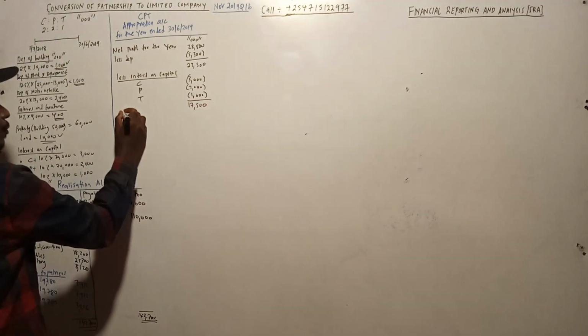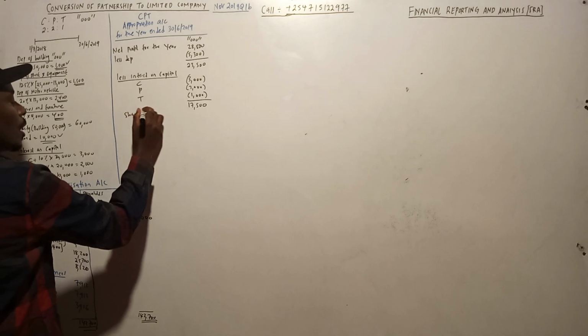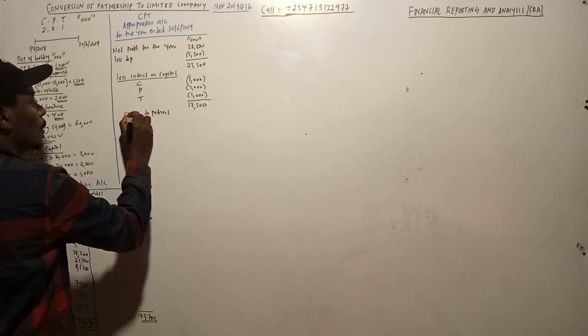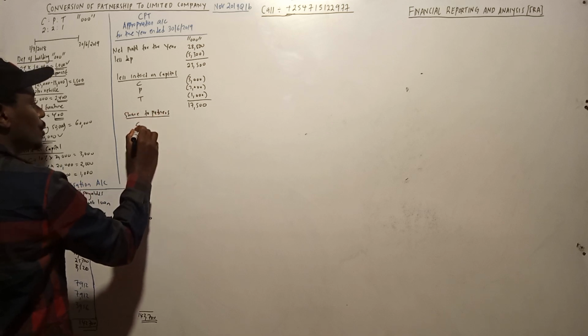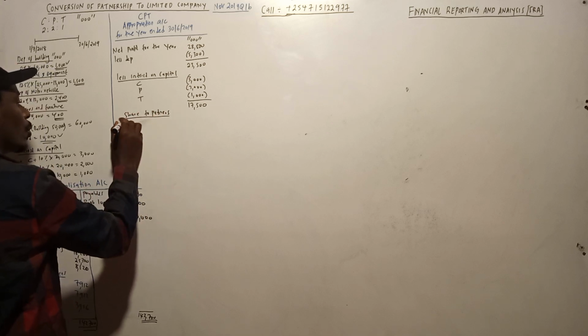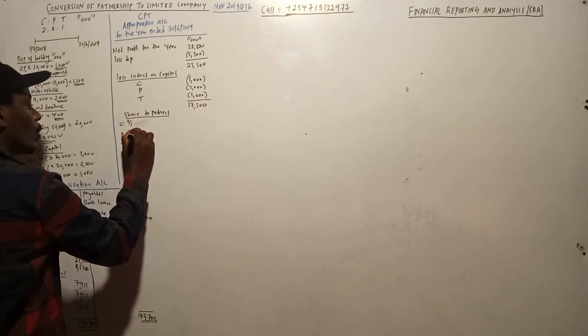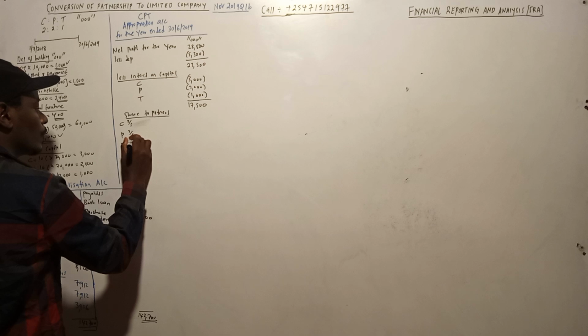Then we share the profit to the partners, C, P, and T, according to their ratio of 2/5, 2/5, 1/5.